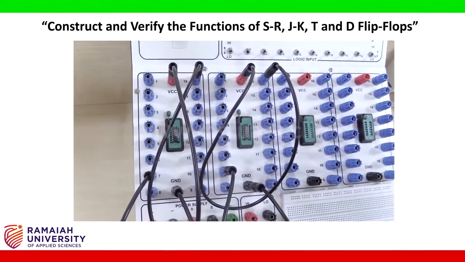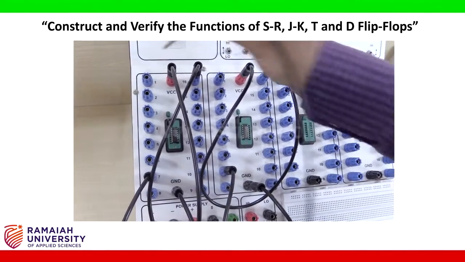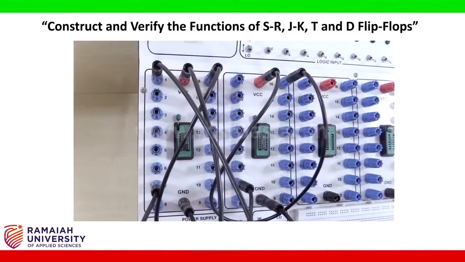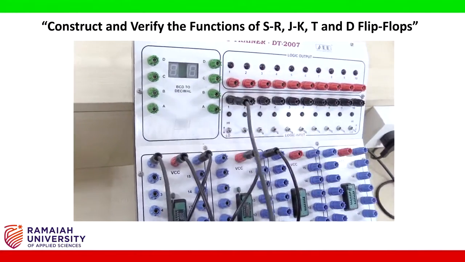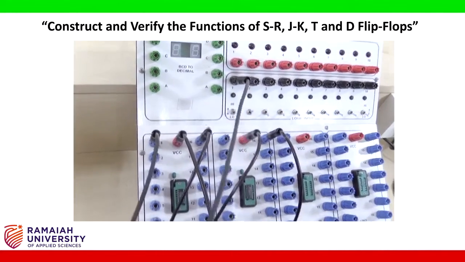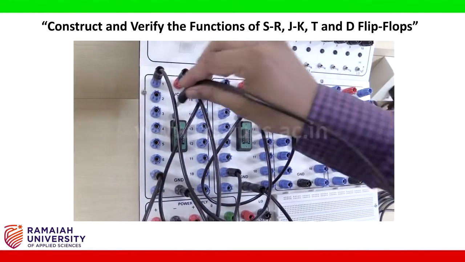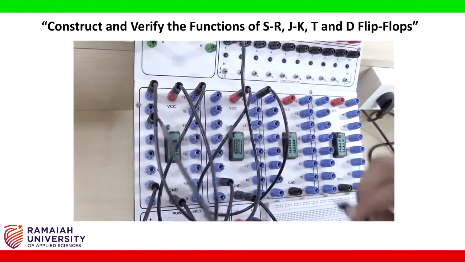And as per the logic diagram, pin number 1 represents the input, that is the T input. It has only one input, that is the T input. I have connected it here. Then pin number 3 and pin number 13 are shorted.